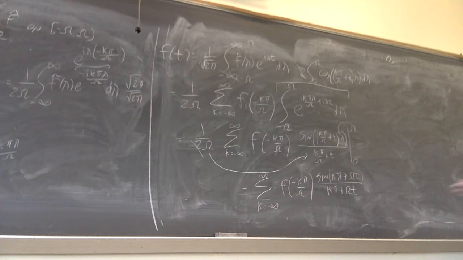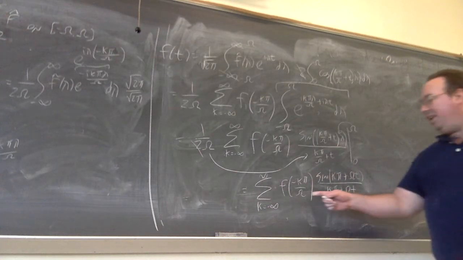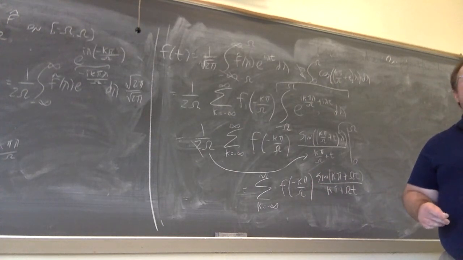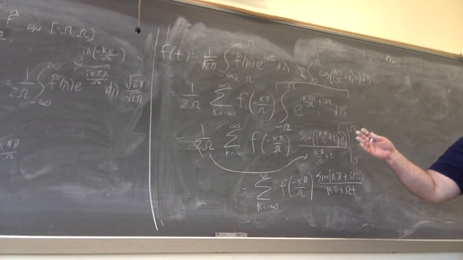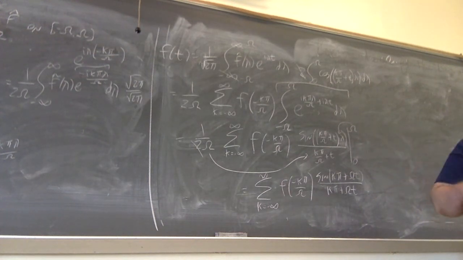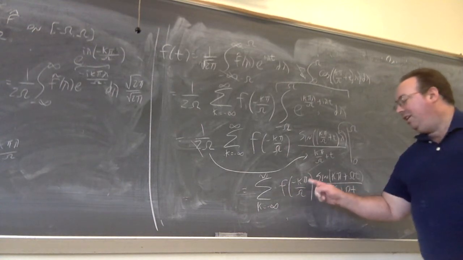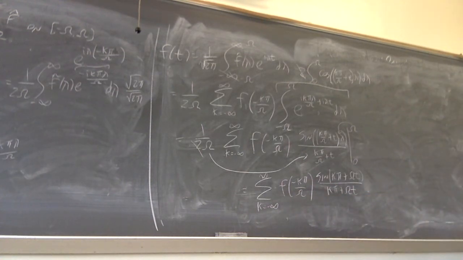So that's it. F is determined completely by its values at equally spaced points, and the spacing is pi over omega. So what that means is, the wider the bandwidth of the function, the more often you must sample, because the spacing decreases as omega increases.